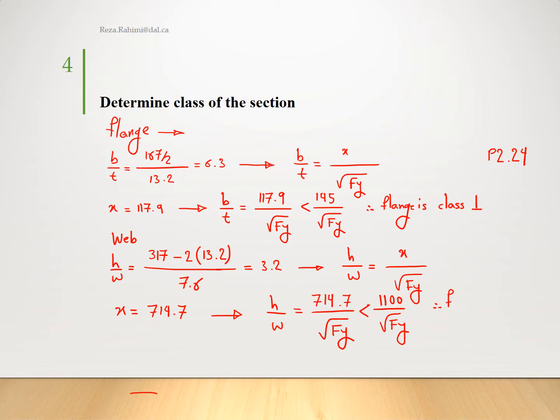Therefore, the web is class 1. Now we can conclude that the section is class 1 because all the components are class 1.